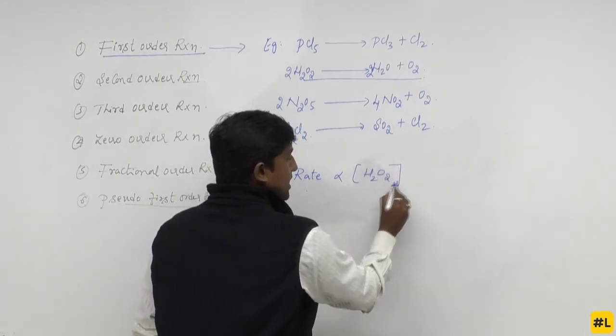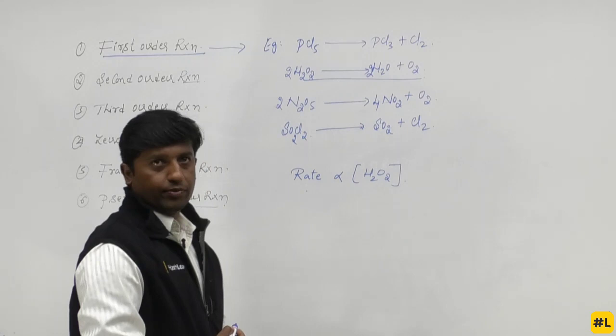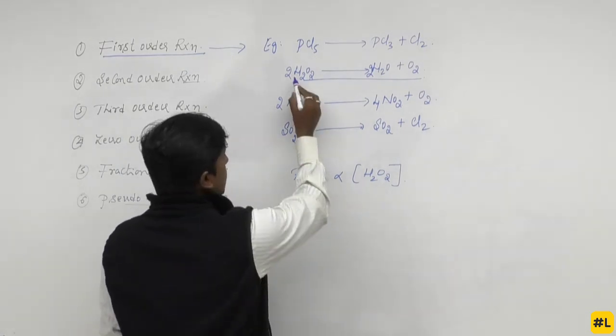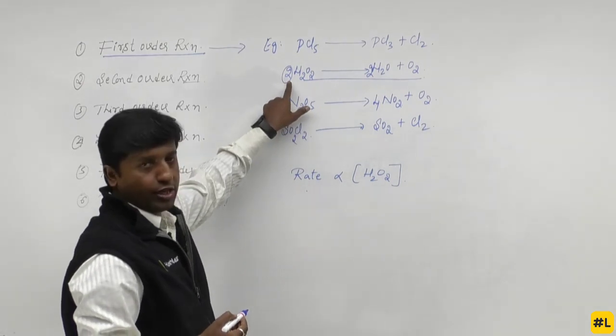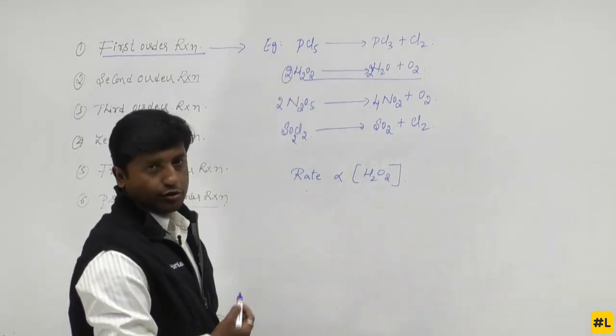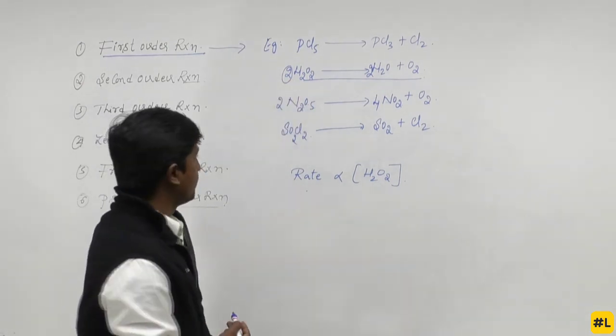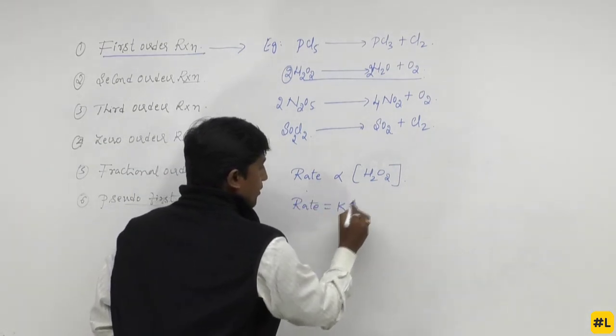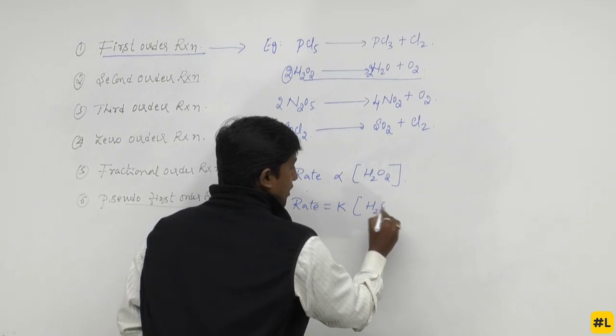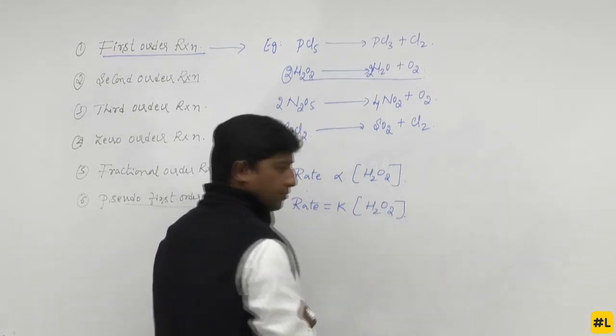The reactant here is hydrogen peroxide. The stoichiometric coefficient is 2 here, which I have used to balance the equation. I can write the equation as rate equals K into concentration of hydrogen peroxide.